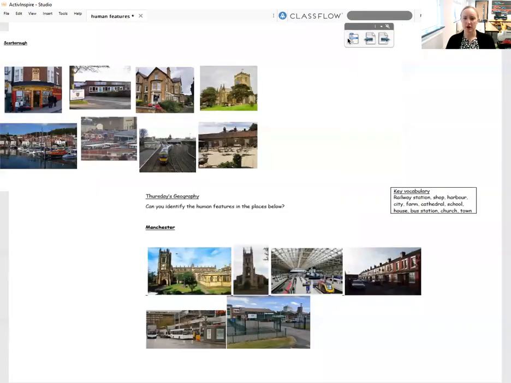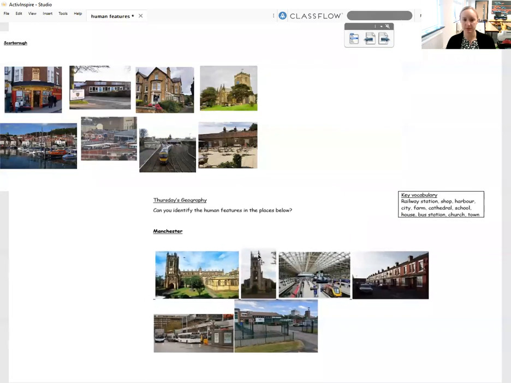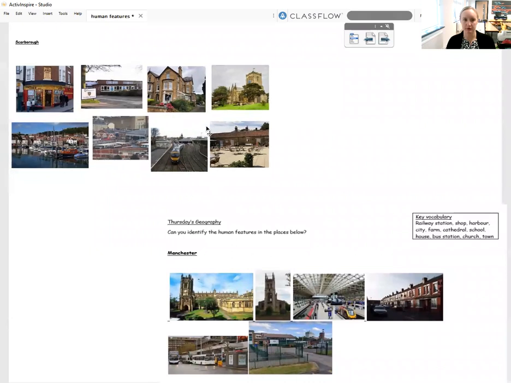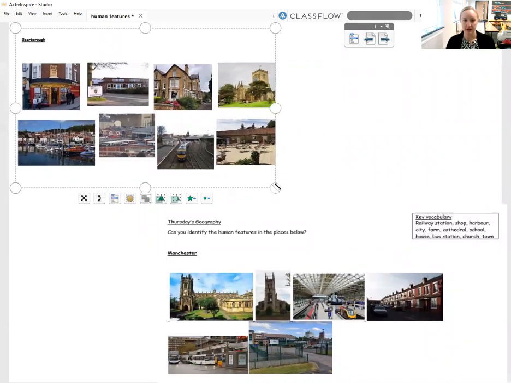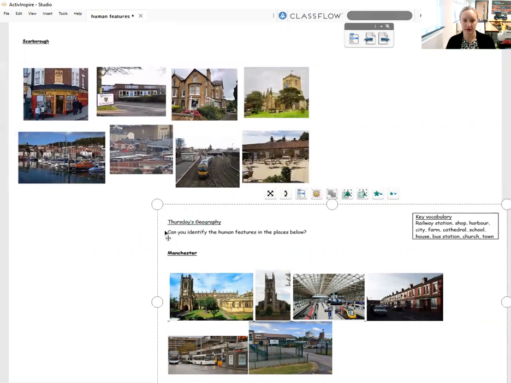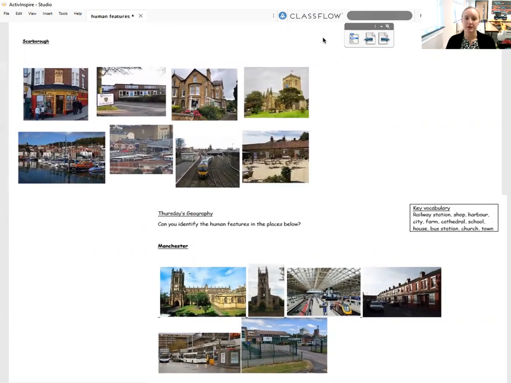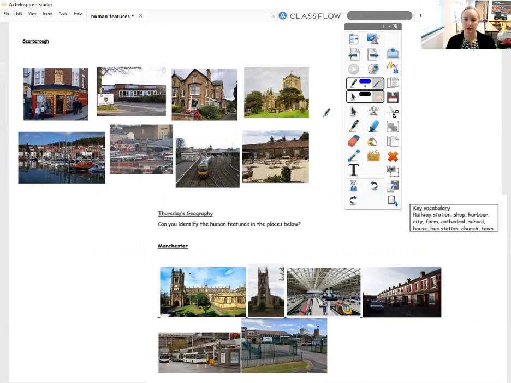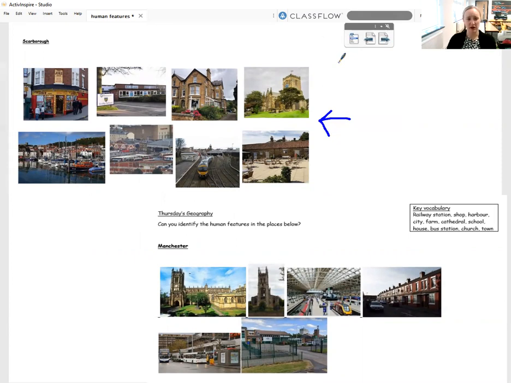So these are your sheets that I have popped together for today, and I'm just going to spread them out a little bit more for you to see. There we go. And I'll make them a little bit bigger. There we are. So in the top bank on this sheet here where my arrow is, I have put lots and lots of different features around in Scarborough.